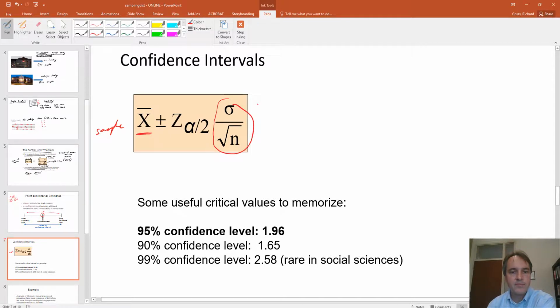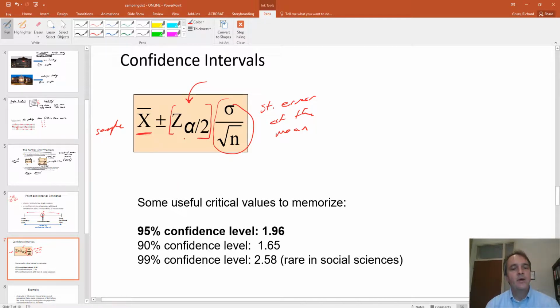So we used that before. So this is the standard error of the mean. And so what we're doing here is multiplying the standard error of the mean by something that corresponds to how confident we want to be.